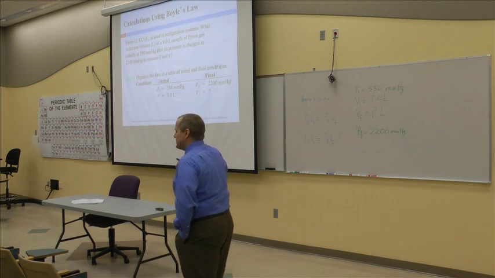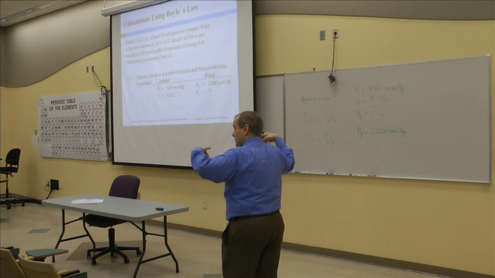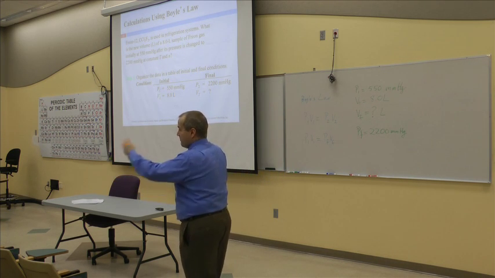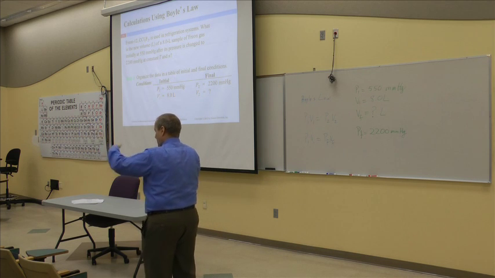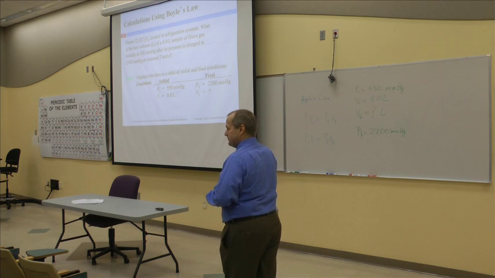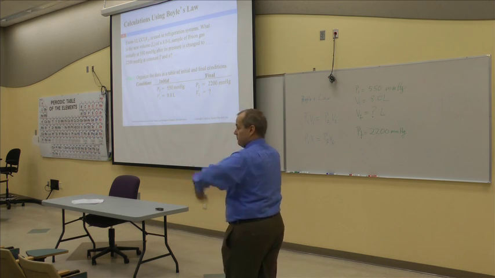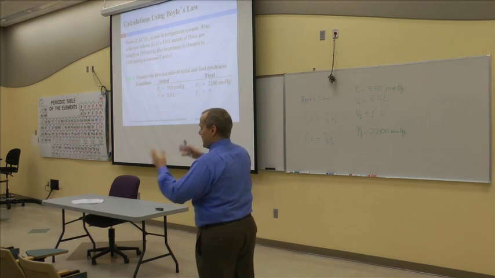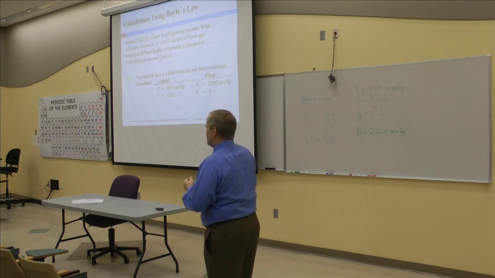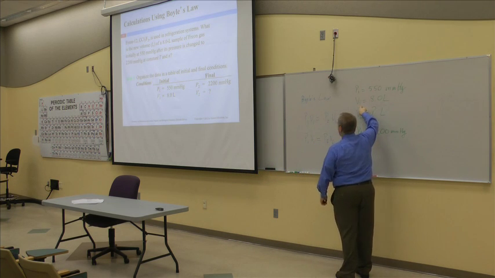The second question is, how do I know whose law to use? Well, you could memorize it. You can say, okay, Boyle's law, pressure goes up, volume, okay, there you go. Or, do it the easy way. Look at the formula sheet. In the formula sheet, there's going to be numerous Boyle's law, Charles's law, Henry's law, all kinds of laws. All you got to do is say, okay, I have a pressure and I have a volume.